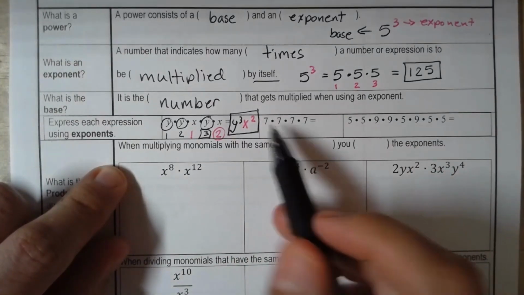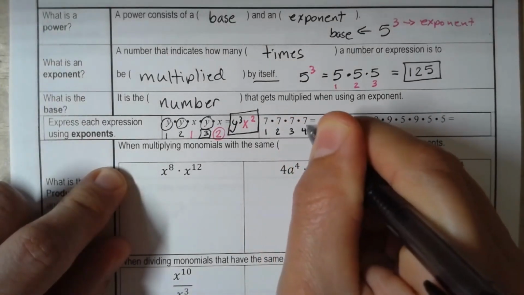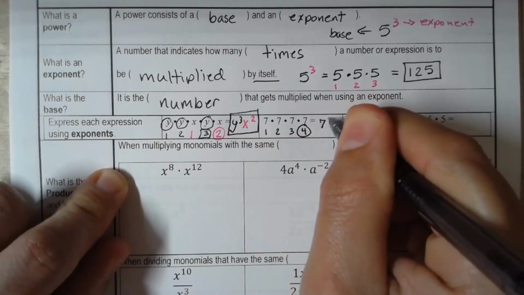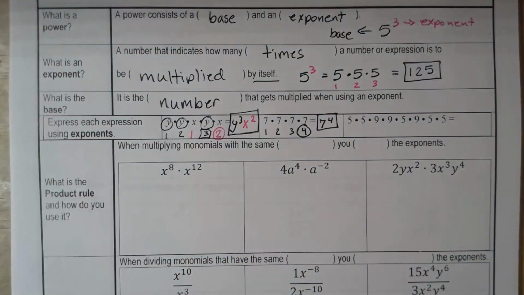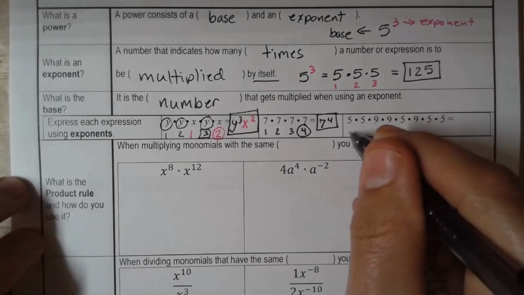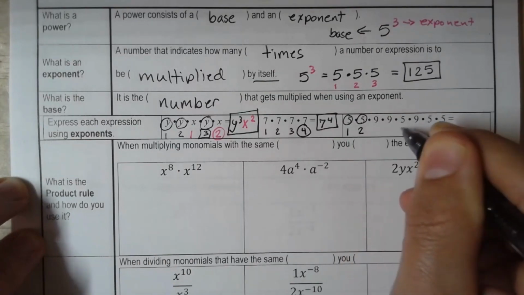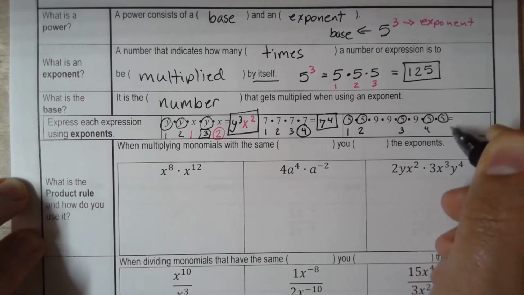Next I have 7 times 7 times 7 times 7. So that's 4 7s. So this could be written as 7 to the 4th power. Alright, now on this next one, I have 1 5, 2 5s, 3, 4, and 5.